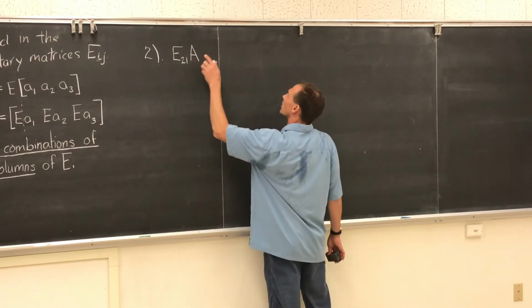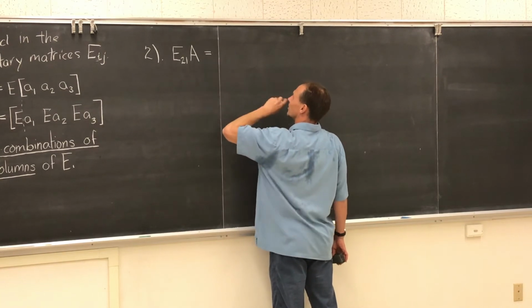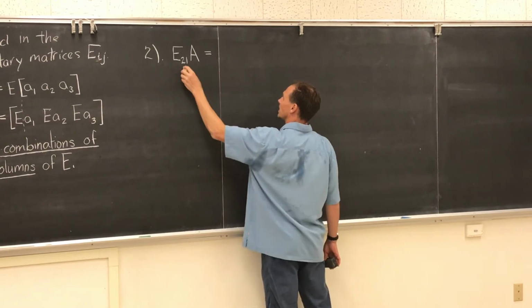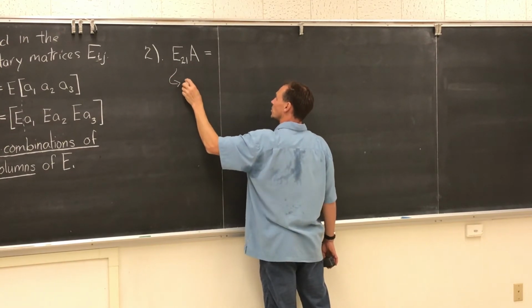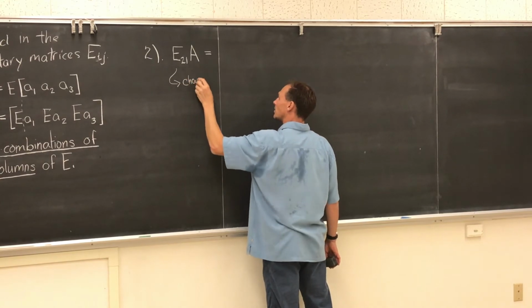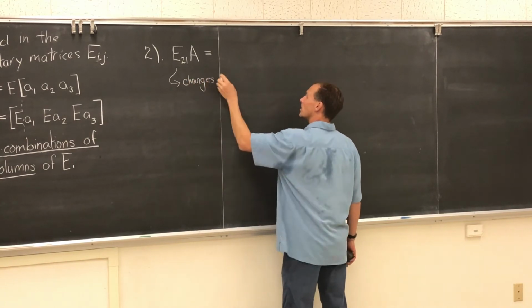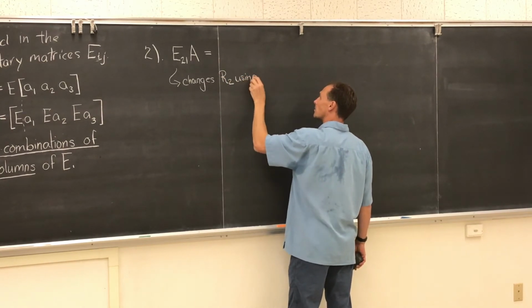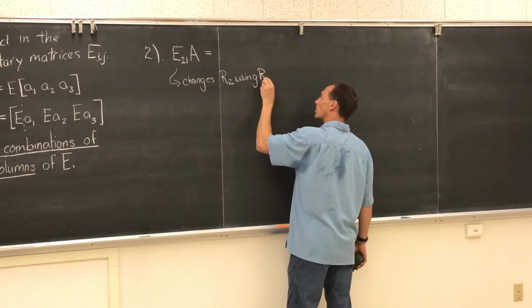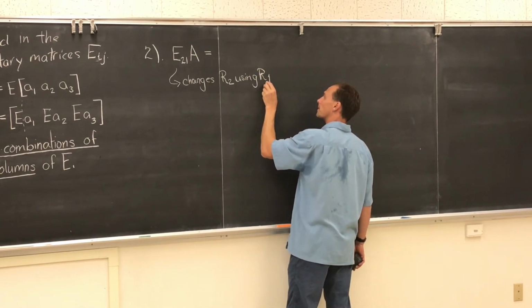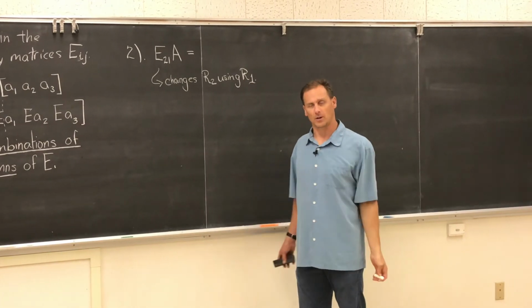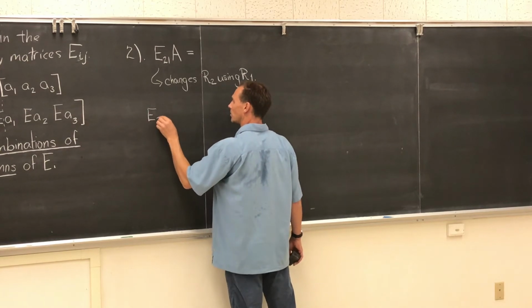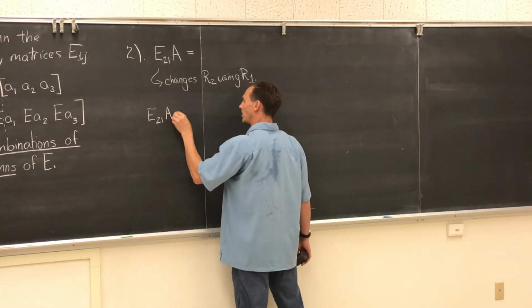The purpose of E21 is it changes row 2 using row 1 by some multiplier. We called it L. So think about that. So in other words, E21 times A.